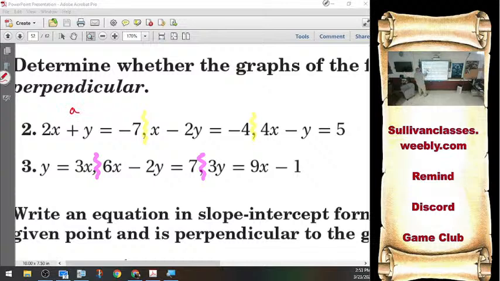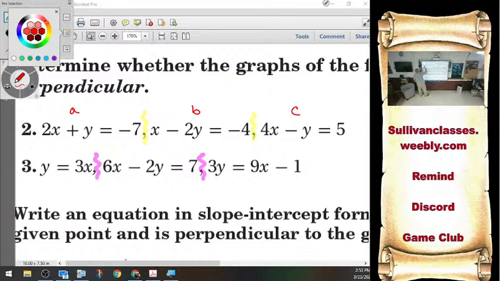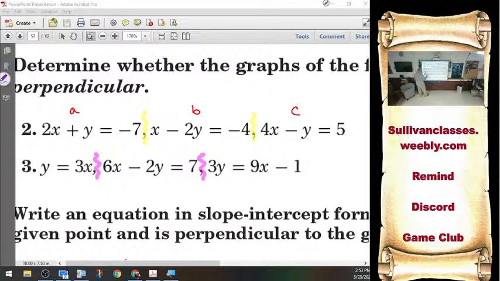So we'll just call this line A, line B, line C. We'll call this line H, line J, line K. Rearrange them, find their slopes, tell me which ones are parallel and perpendicular.